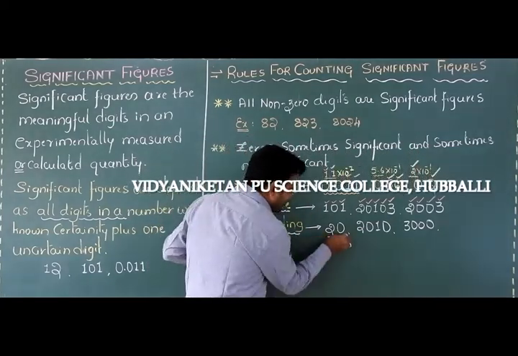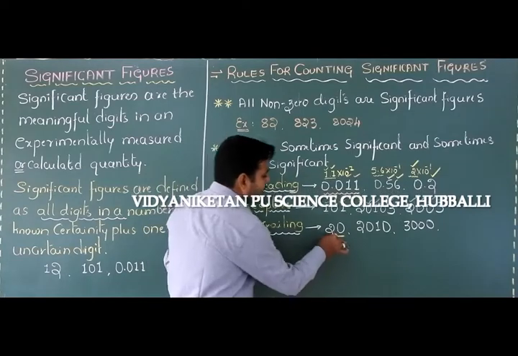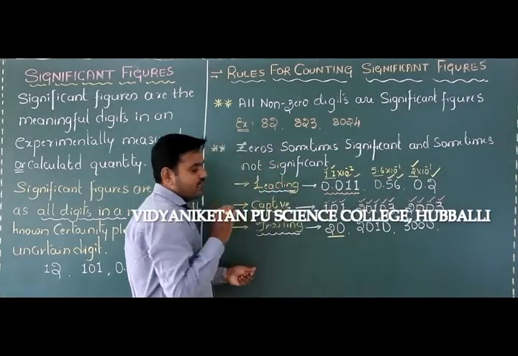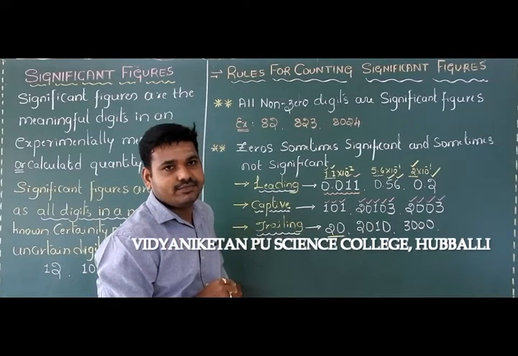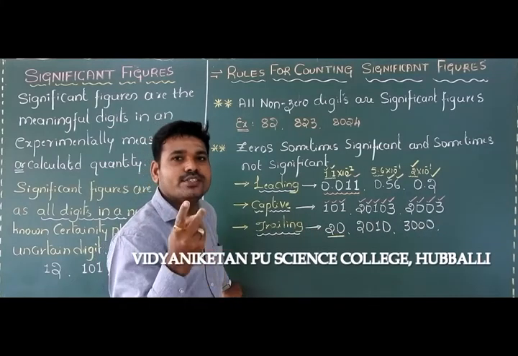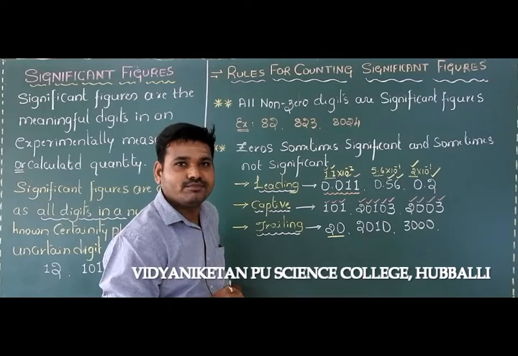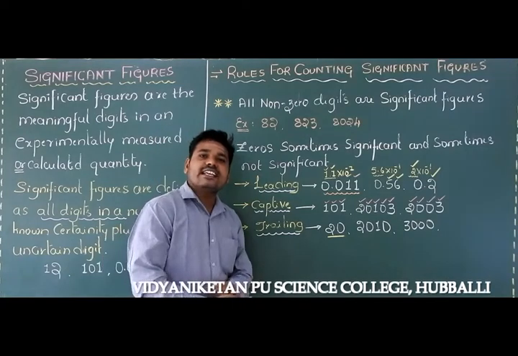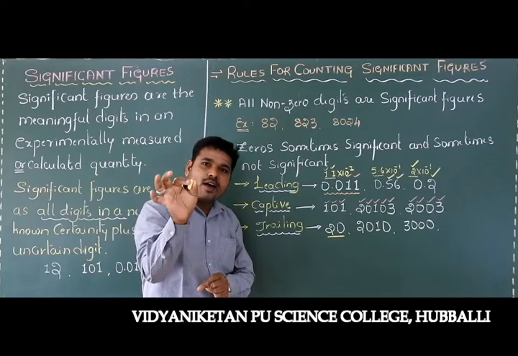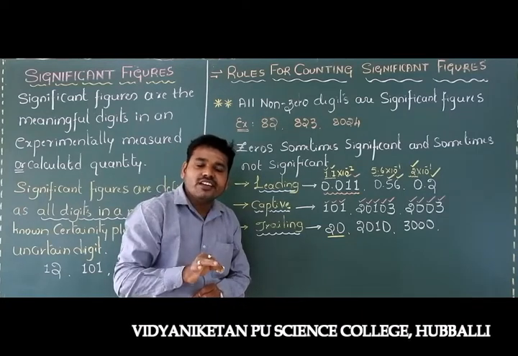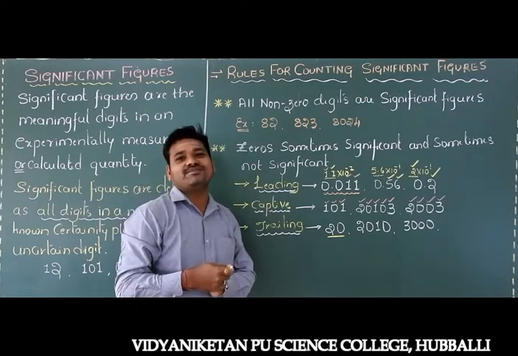Now in this given number 20, the first example, this 20 may have one significant figure in it or two significant figures in it.